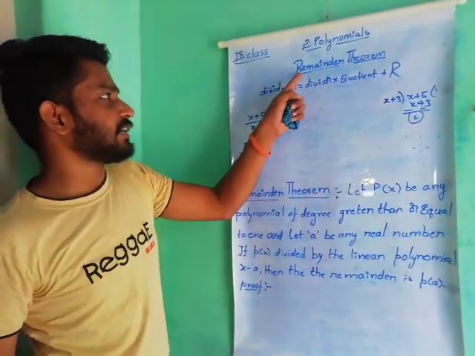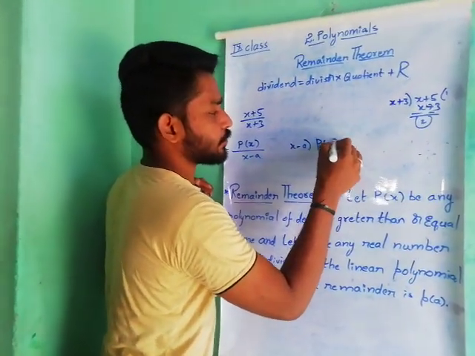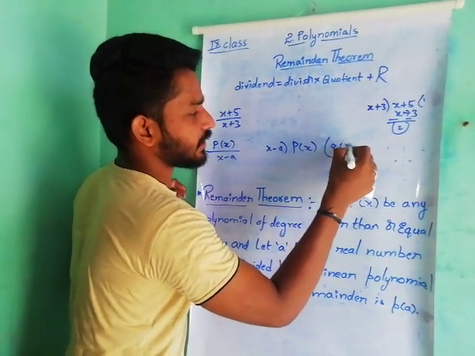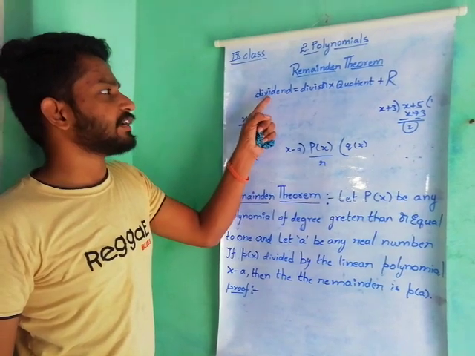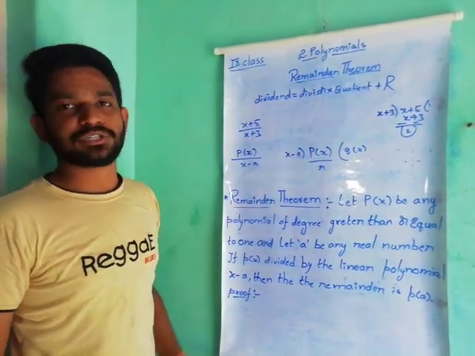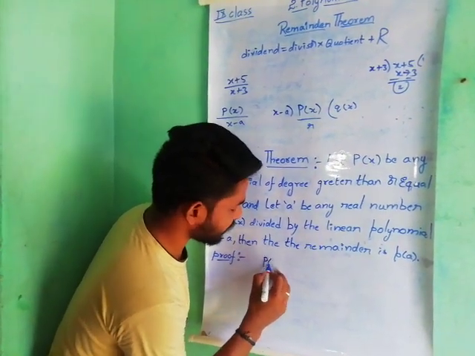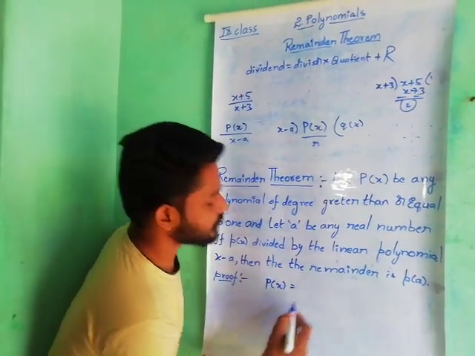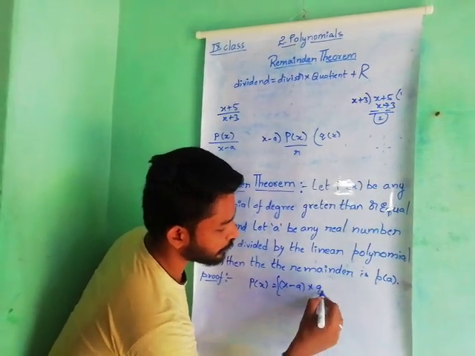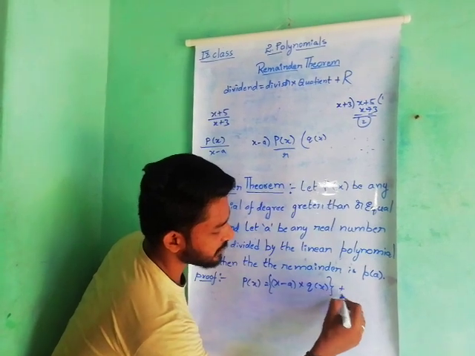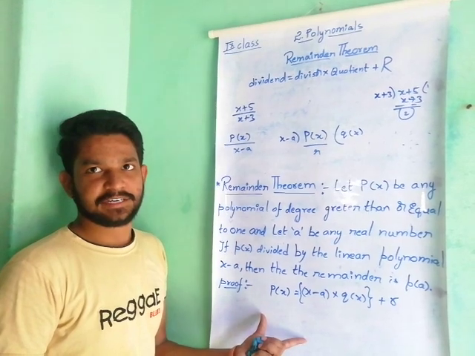So by using the identity, dividing P of x by x minus a, we are getting some quotient Q of x and it leaves the remainder r. By knowing our identity, dividend is equal to divisor into quotient plus remainder. So here dividend is equal to P of x, divisor is x minus a, into quotient Q of x, plus remainder r.